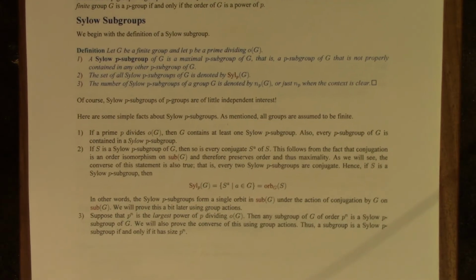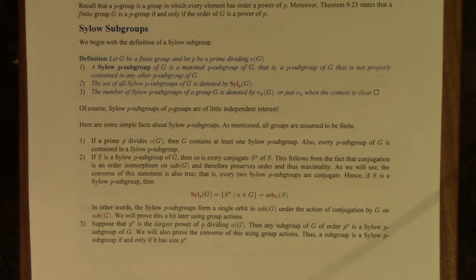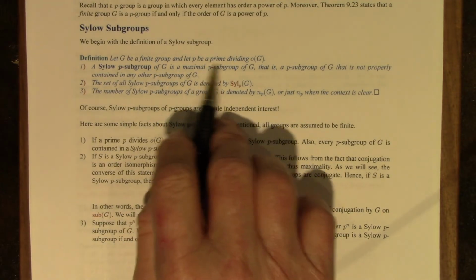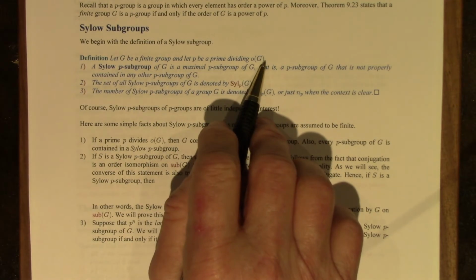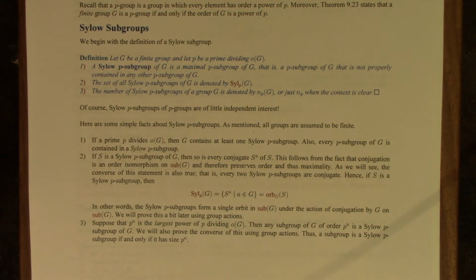So let us begin our discussion with the definition of a Sylow p-subgroup. Let G be a finite group, and let p be a prime dividing the order of G. A Sylow p-subgroup of G is a maximal p-subgroup of G, and maximal is under set inclusion.